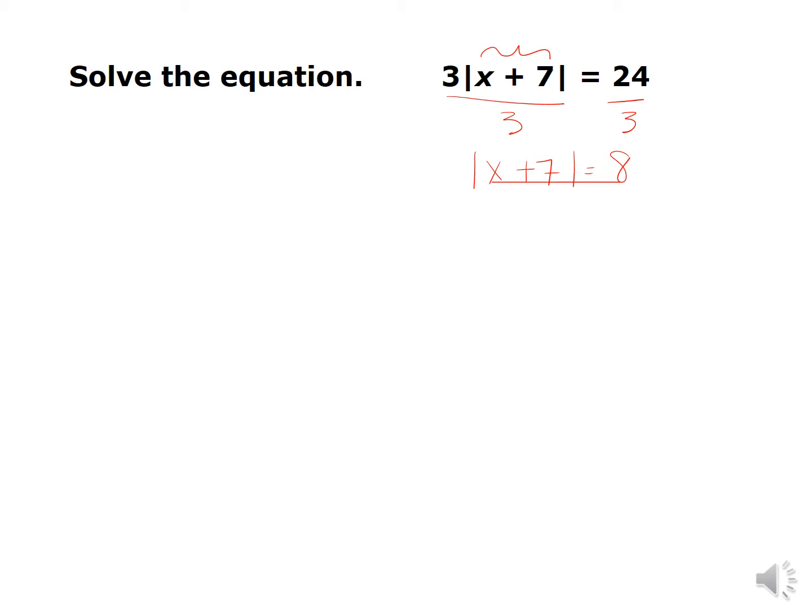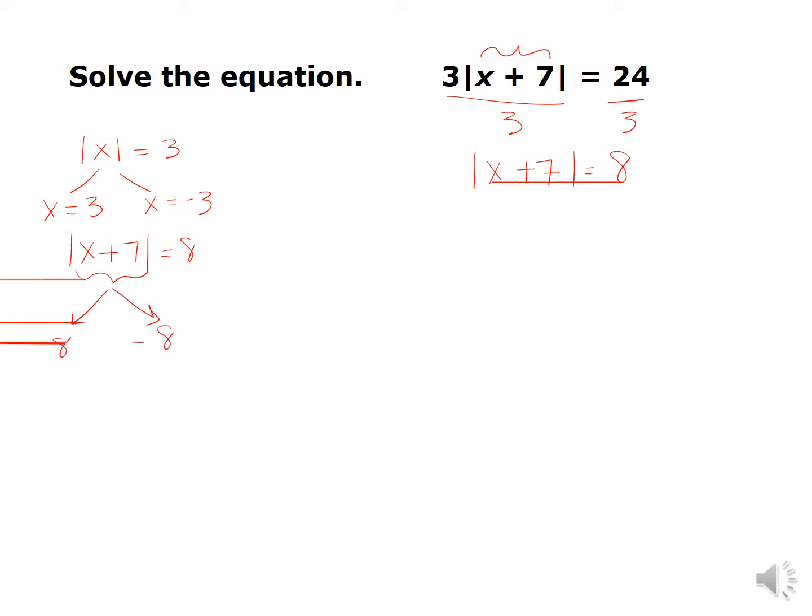The reason we have two cases is because, remember when we had absolute value of x equals 3, there was x equals positive 3 and x equals negative 3. So if you look at this case, I now have absolute value of x plus 7 equals 8. I have to find out what makes x plus 7 equal 8 and what makes it equal negative 8.